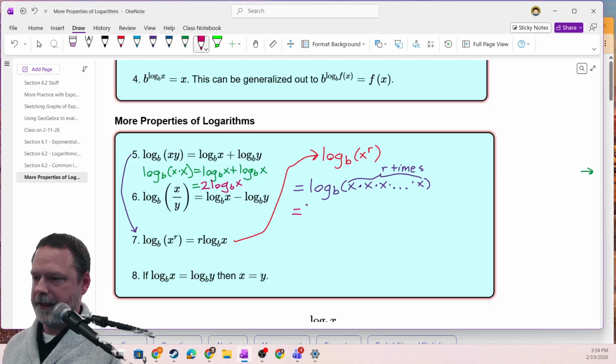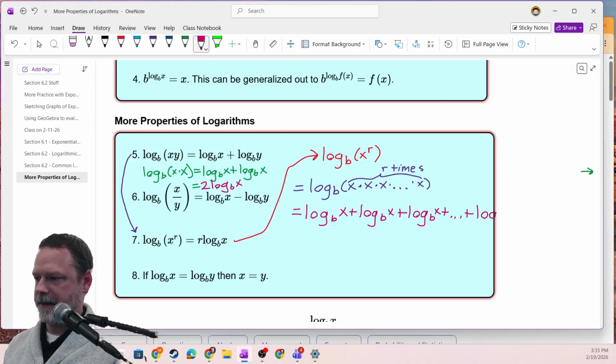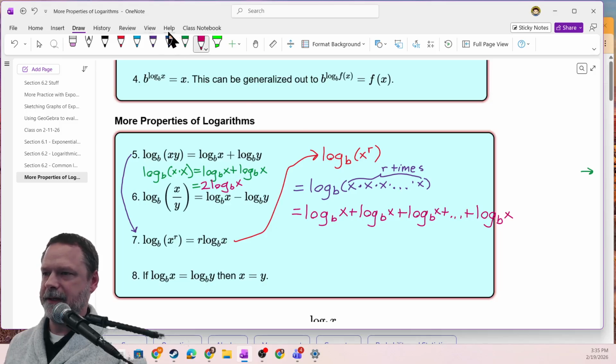So I could rewrite this as log base b of x plus log base b of x plus log base b of x plus dot dot dot plus log base b of x. And how many of those do I have?